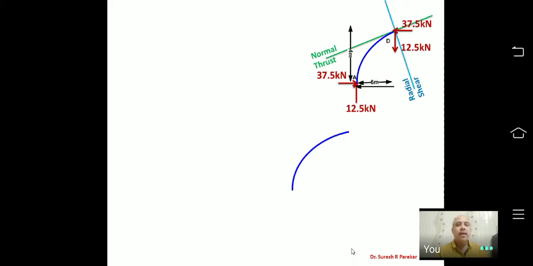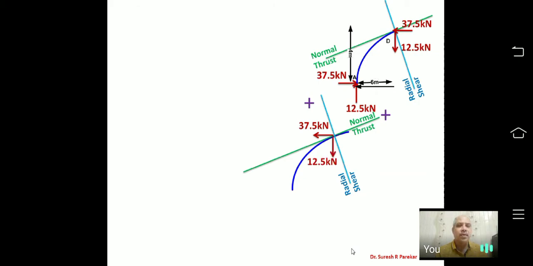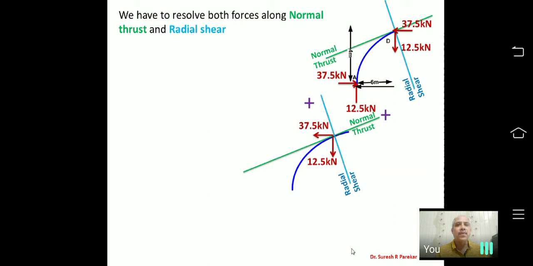So we have these only forces we will show over here, and that is according to their coordinate, 37.5 and 12.5. So now we have to resolve these forces along normal thrust and radial shear, and that will give us values of normal thrust and radial shear at point D.